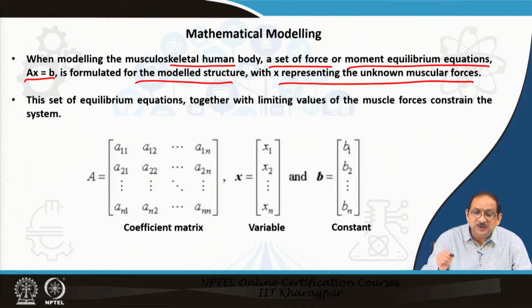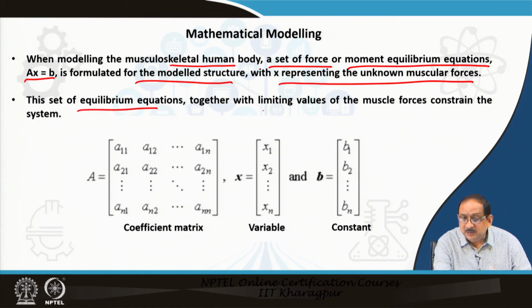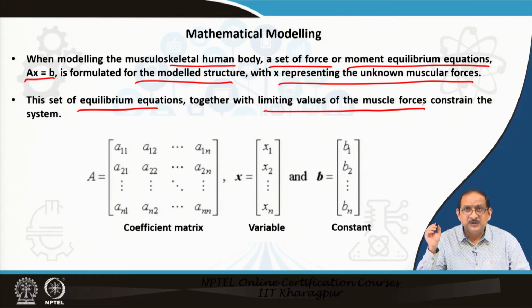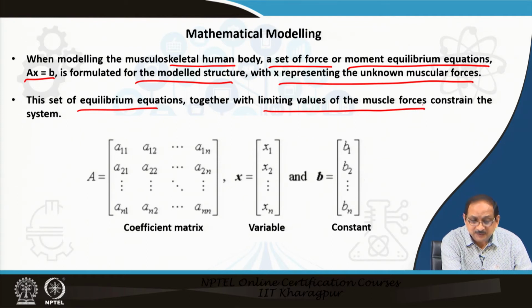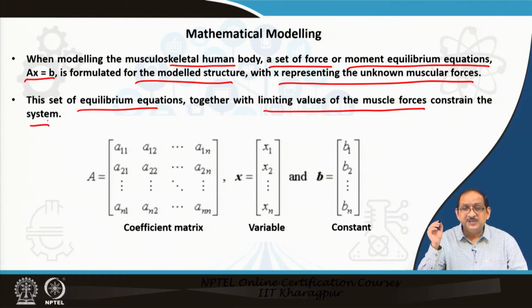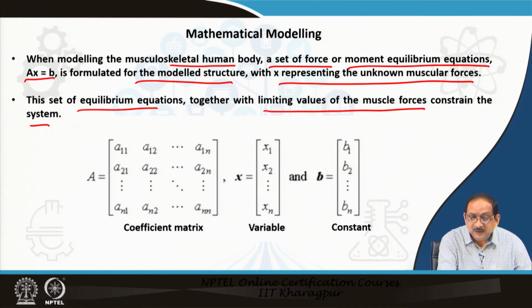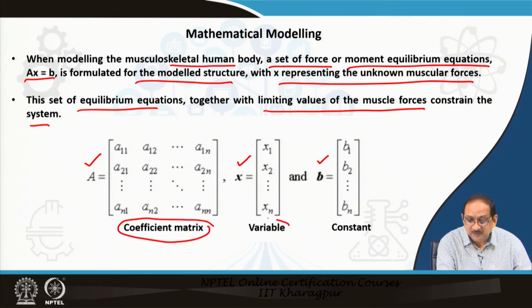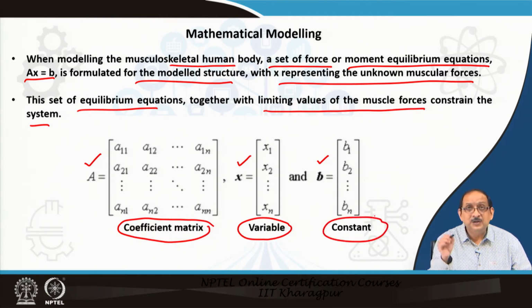Now, this set of equilibrium equations together with limiting values of muscle forces constrain the system. So, this is expressed here: A, x and b. A is the coefficient matrix of the variable x and b is the constant.